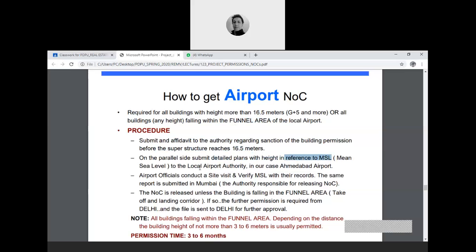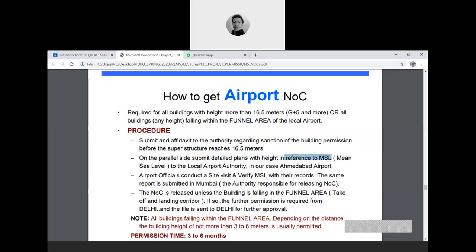Usually, the heights that the UDA and corporation allow are in reference to the level of the road that is next to the construction site or the land. So the height of the building is considered from the road level.